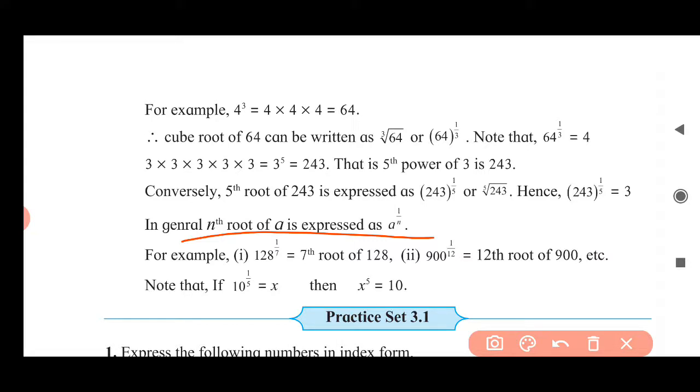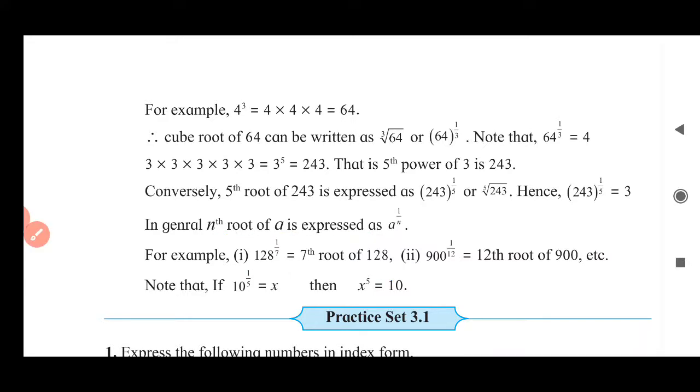For example, 128 raised to 1 upon 7 is equal to 7th root of 128. 900 raised to 1 upon 12, this is the 12th root of 900, etc. Note that if 10 raised to 1 upon 5 is equal to x, then x raised to 5 is equal to 10.